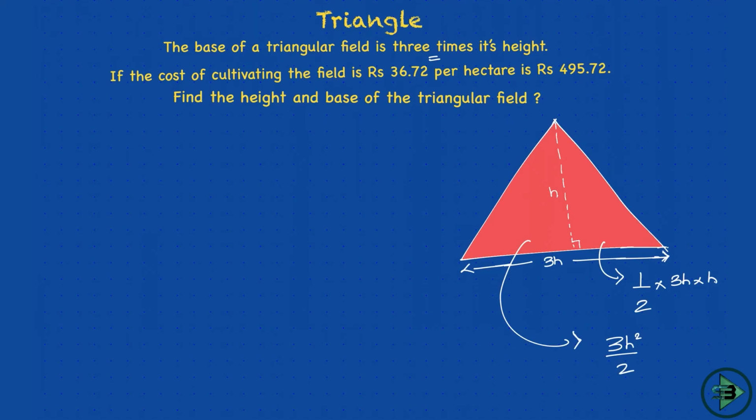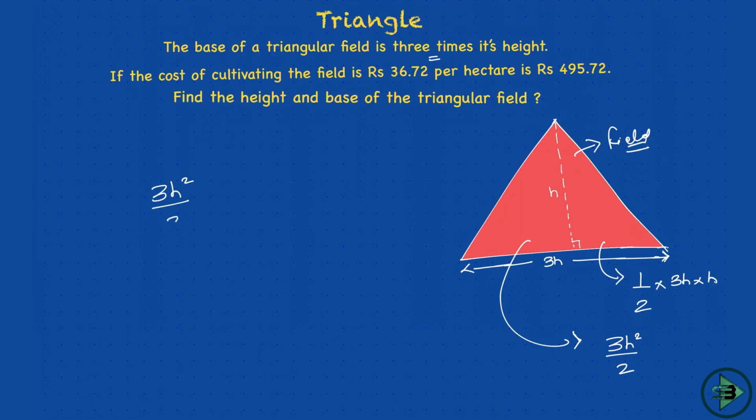Okay, now let's see what else is given. The cost of cultivating the field is 36.72 per hectare. Okay, in rupees, the total is 495.72. So what is it saying? This red part which is being colored is a field, and the cost of cultivating this field per meter square, which means this is a triangular field whose area is in meter square or centimeter square, whatever it is, but the cost of cultivating it per meter square of that field is 36.72.